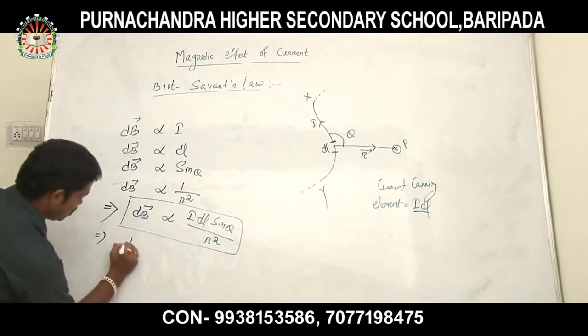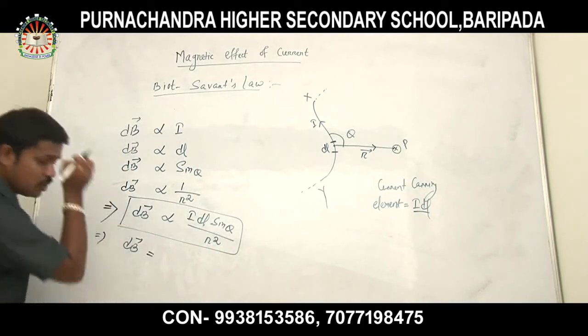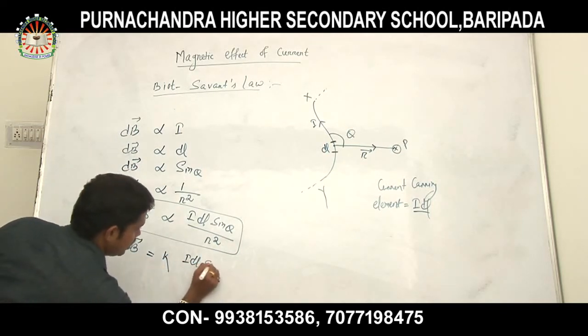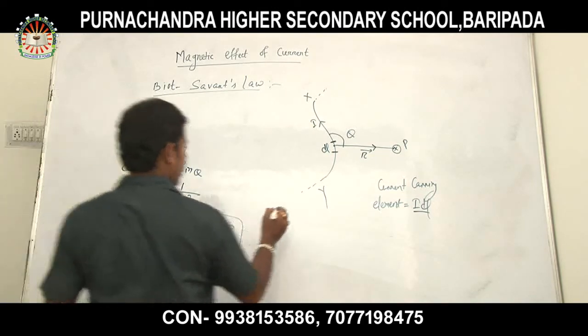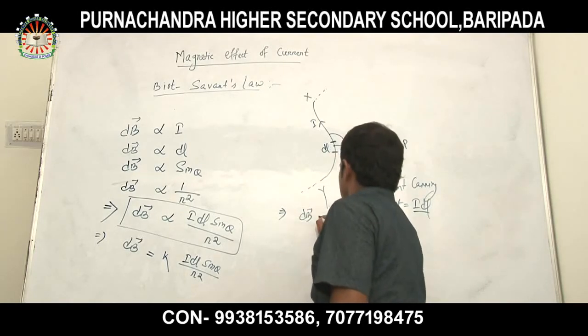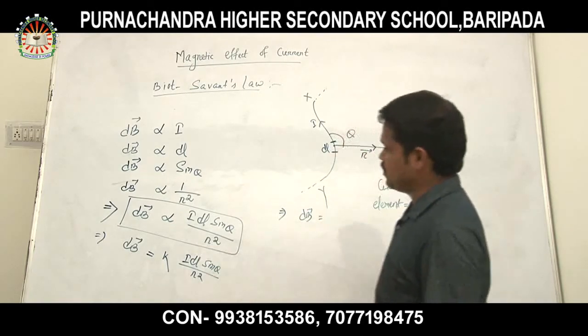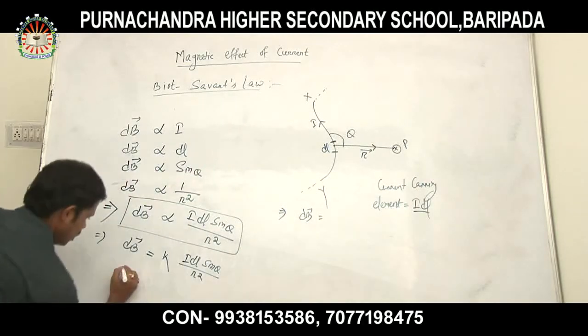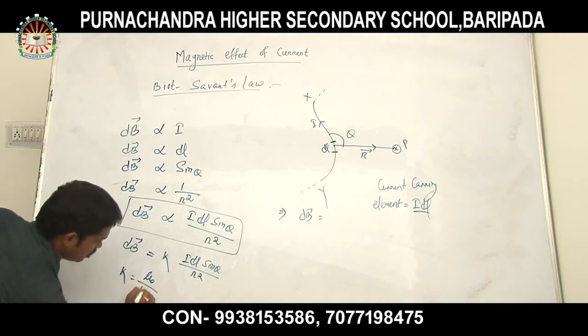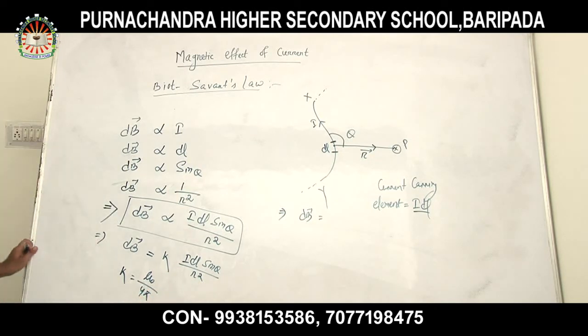That implies dB is equal to a proportionality constant k times I dl sin theta divided by r square. That proportionality constant k value is mu 0 divided by 4 pi.